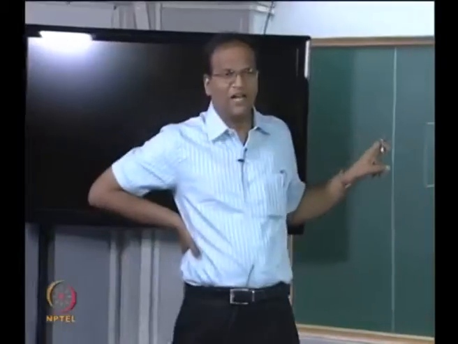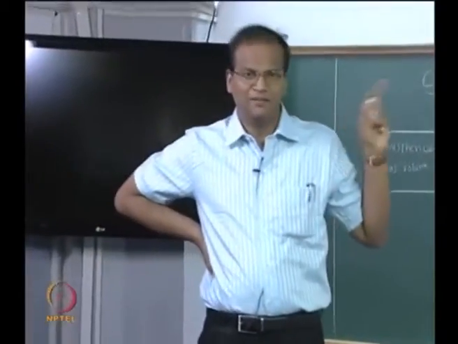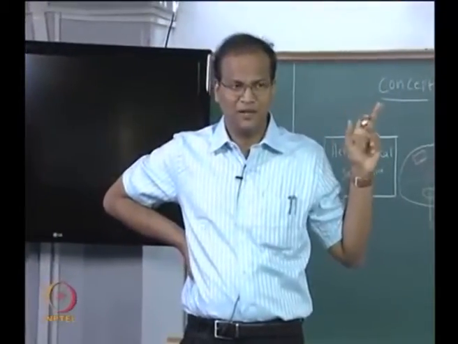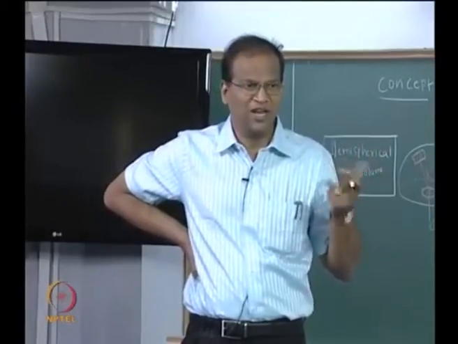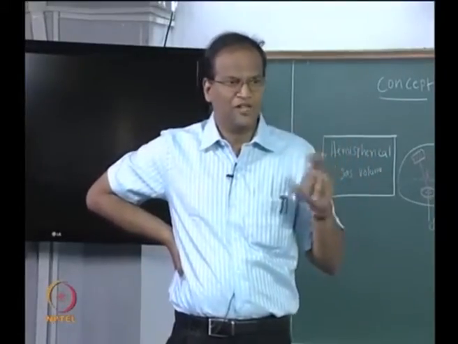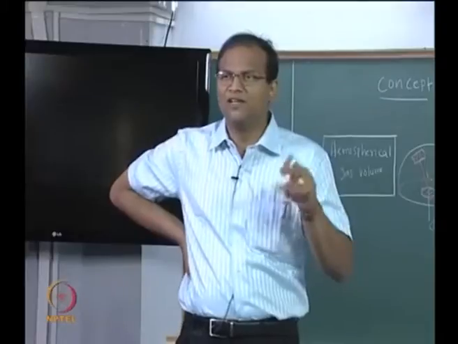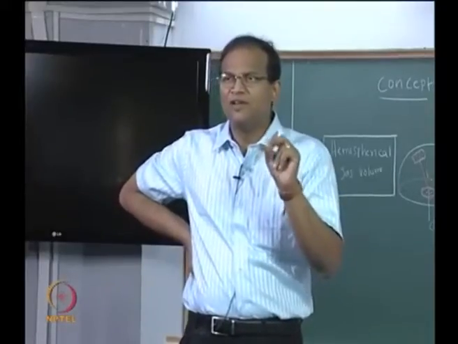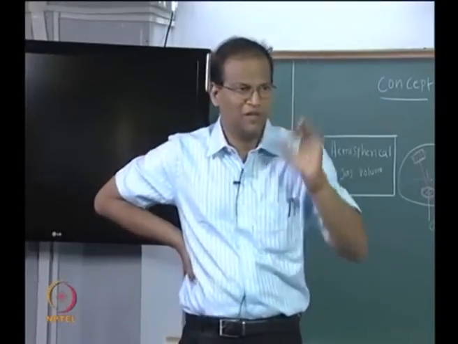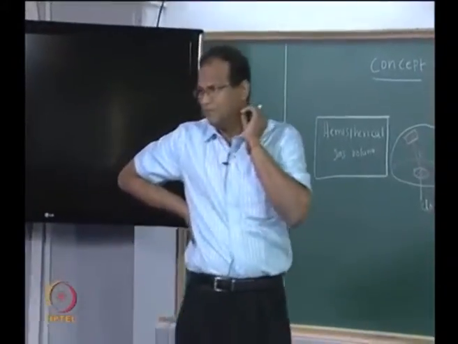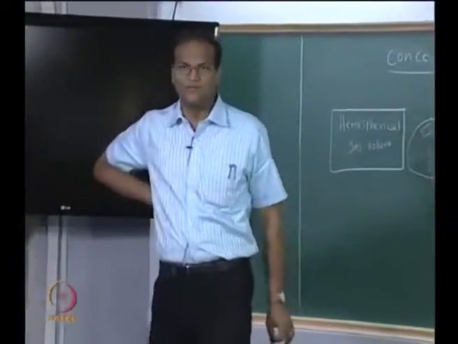In that, the hemispherical gas volume and the parallel plate will also be there, but instead of 2L it may be 1.8L. There is a small difference, because of the expansion of E3 of t in the vicinity of t equal to 0. It is not exactly equal to half.